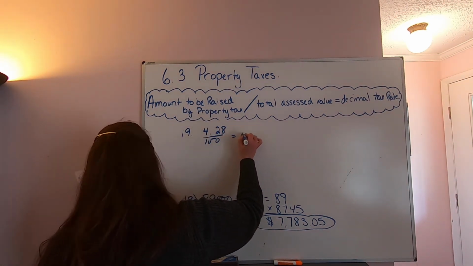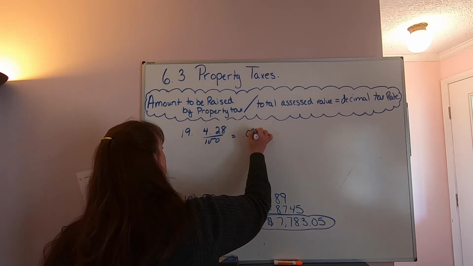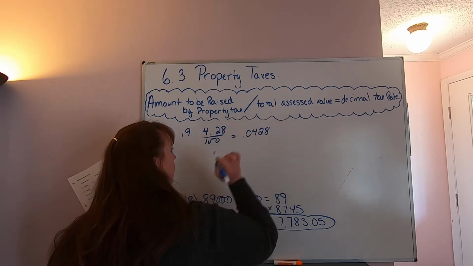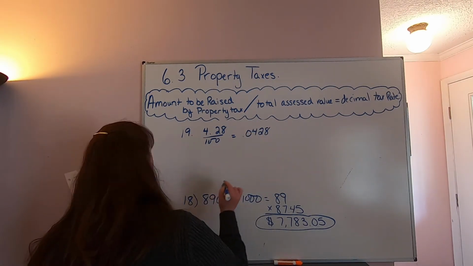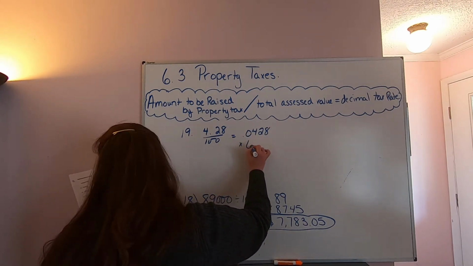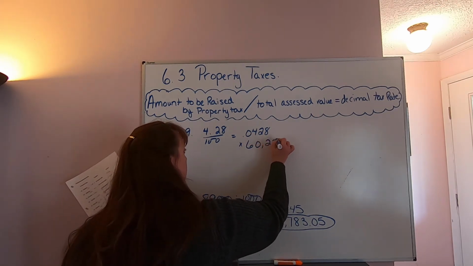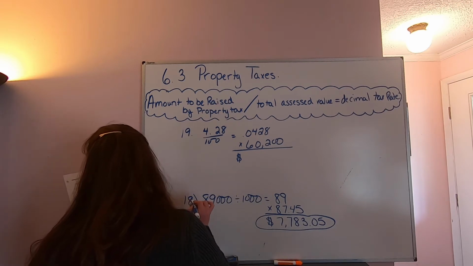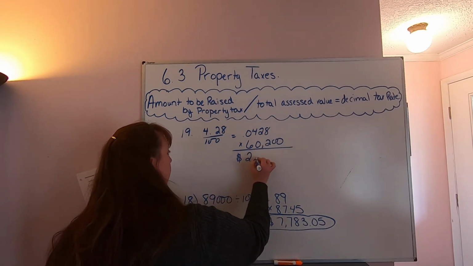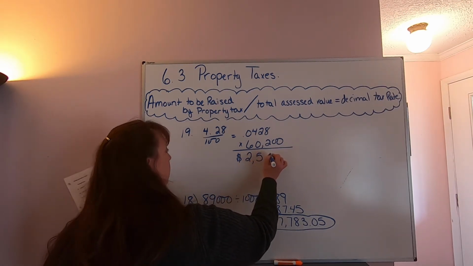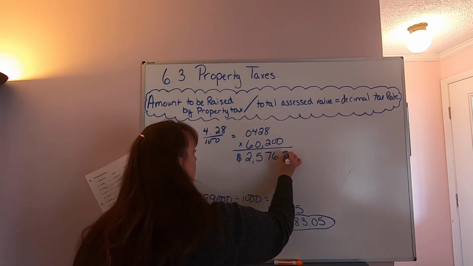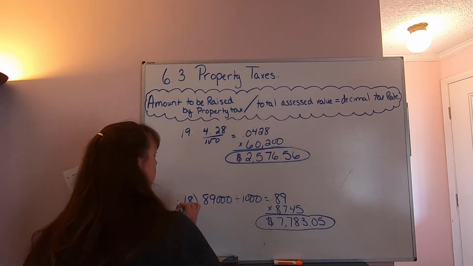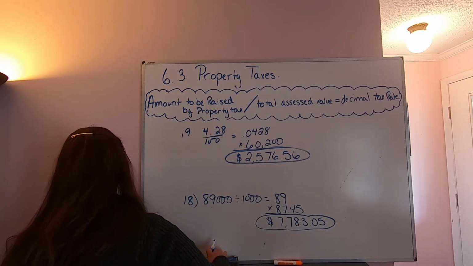You will get 0.0428. Take that amount, times it by your assessed value, which was 60,200. And your tax in this case is going to be $2,576.56. That's your tax.